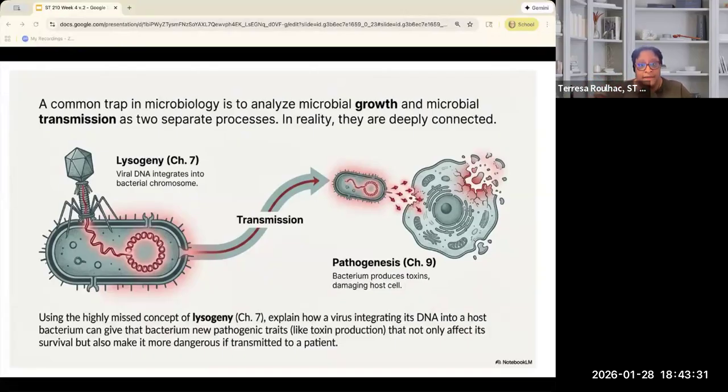But what do we see? We see unexpected severity. Infections that, wait a minute, this infection is escalating really fast. Outcomes that don't really match the original contamination. That's what we see, and the reason is lysogeny. Okay. Transmission isn't just about movement, it's about what moves with it.